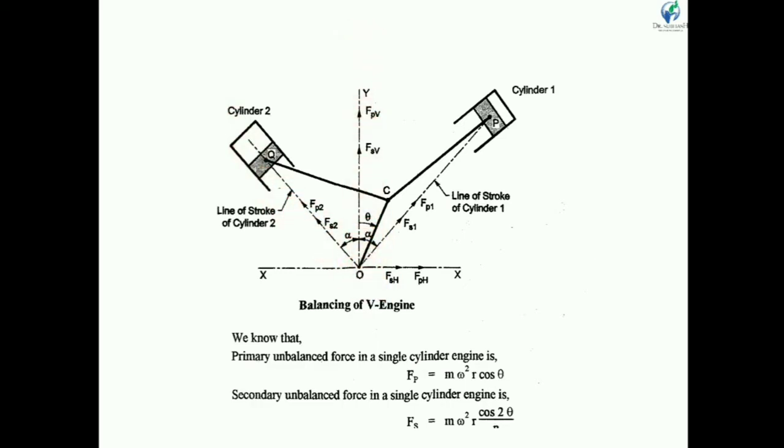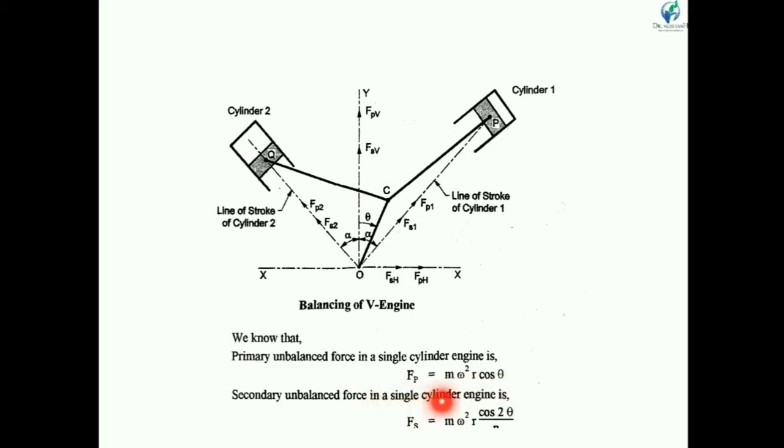Now, whenever we discuss primary and secondary unbalanced forces, what is theta? Theta is the angle between the crank and the line of stroke, the center line of the cylinder. Here this is another theta.